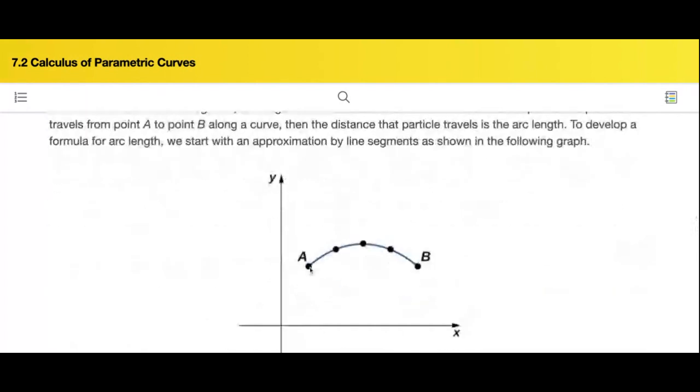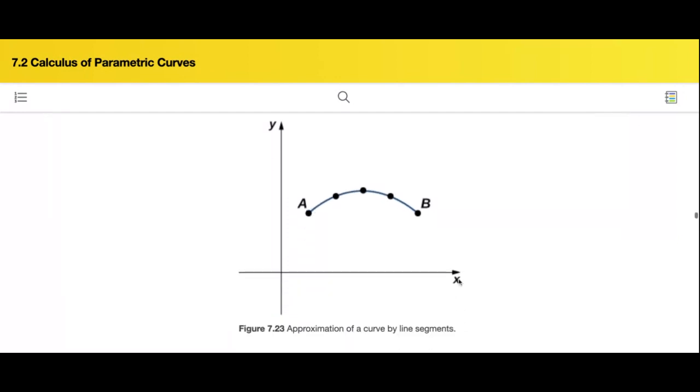We just imagine we zoom this in at every point, and we think of a right triangle. X prime of t is one leg, y prime of t is the other leg. So we add the squares of the two legs, then take the square root. That's the hypotenuse, the length of this. So that's the idea.